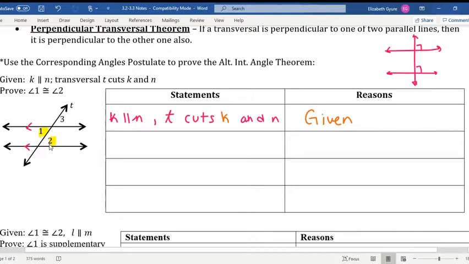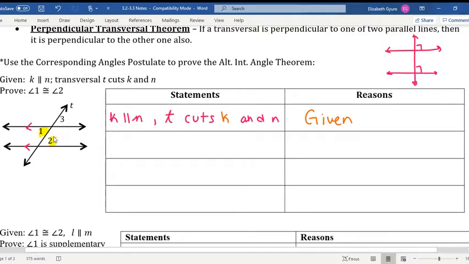Well, if you look at angle 2, is it a corresponding angle with another angle in your picture? With which one? 3. Angles 2 and 3 are going to be corresponding angles, right? And we have parallel lines. So if we have parallel lines and we have corresponding angles, what are we going to be able to say about angles 2 and 3? If you need to, you can look up at your postulate up above.